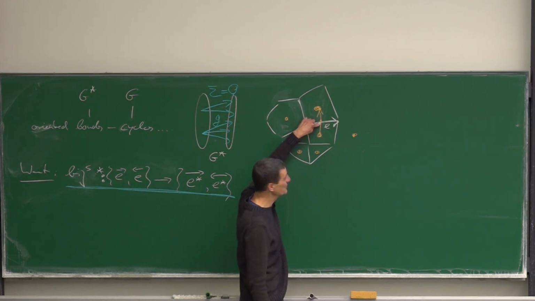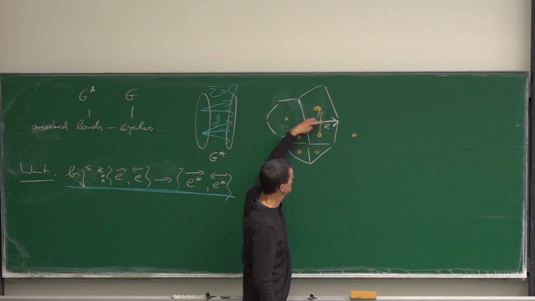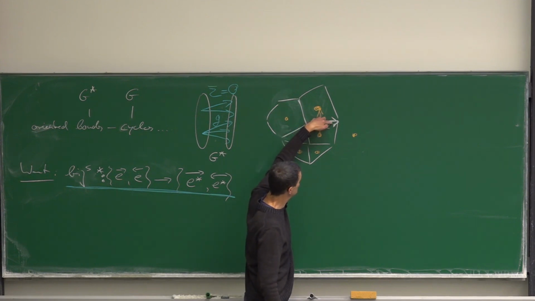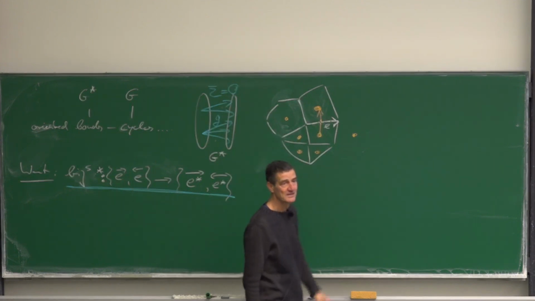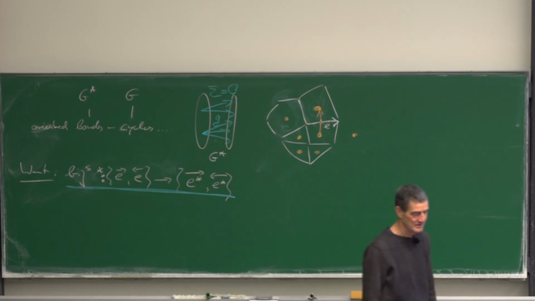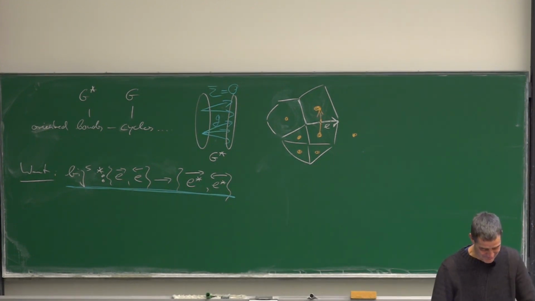You just put the clock on this intersection point there, and then the white edge is turned anti-clockwise to become the red edge, the orange edge.